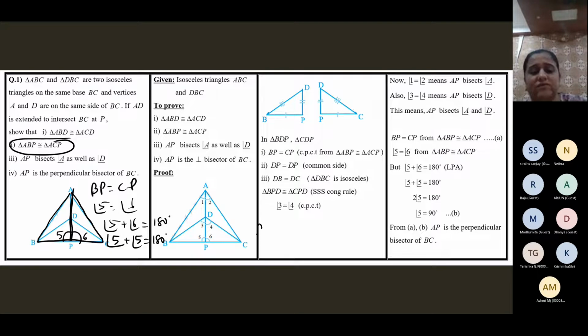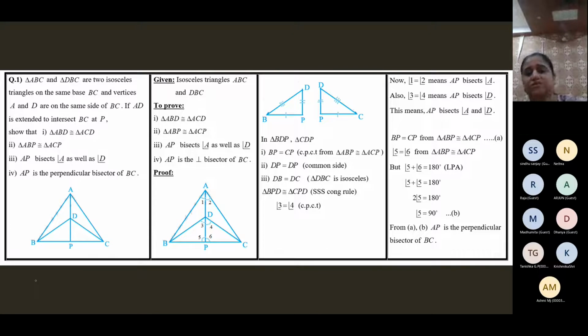So twice angle 5 is equal to 180. Angle 5 is equal to 90 degrees. If 5 is 90, 6 is also 90 because 5 and 6 are equal. That means AP is perpendicular to BC.